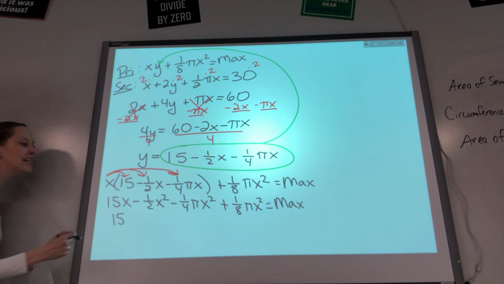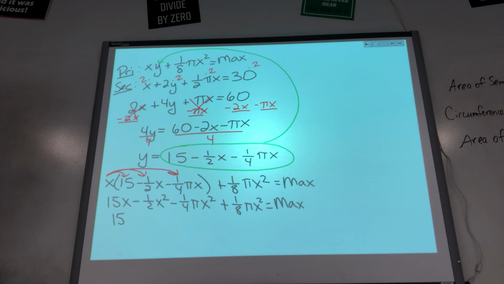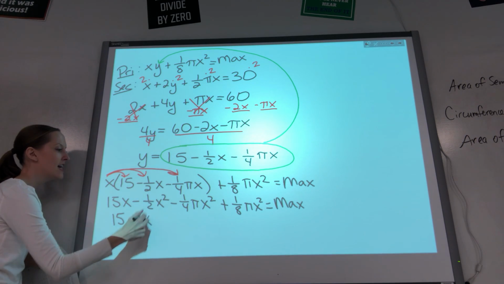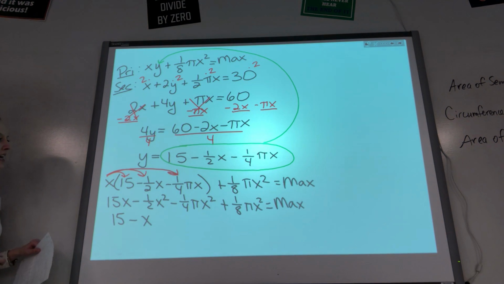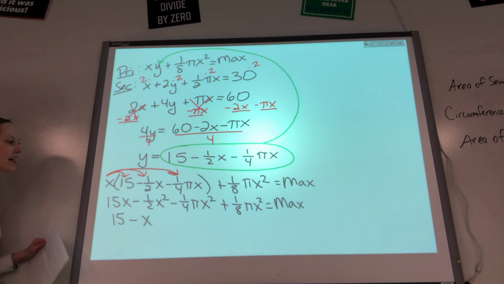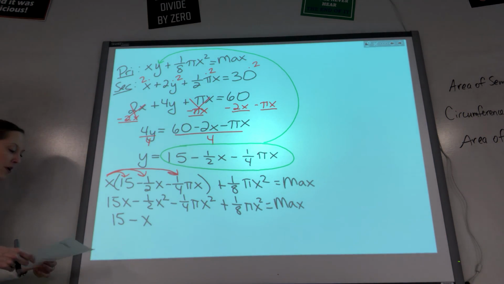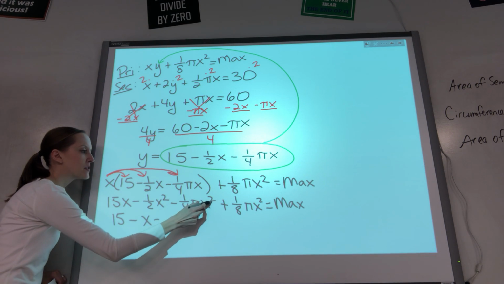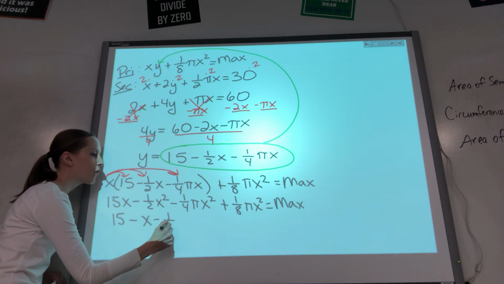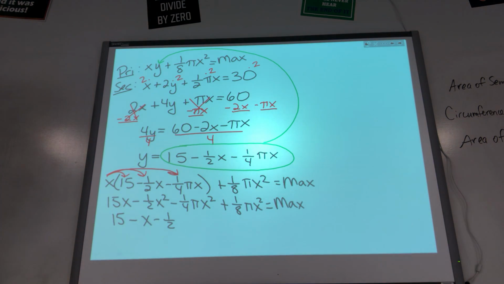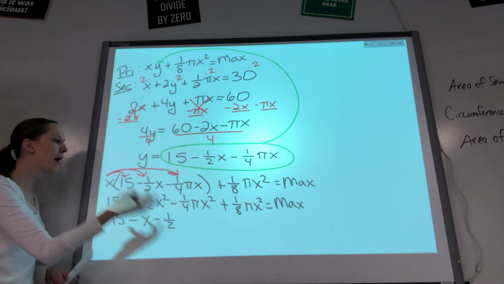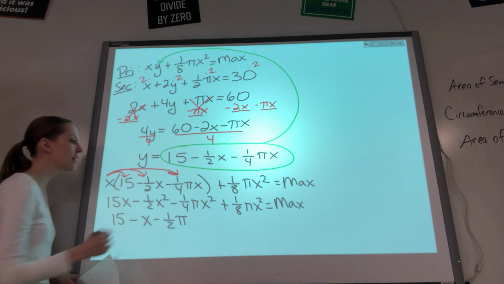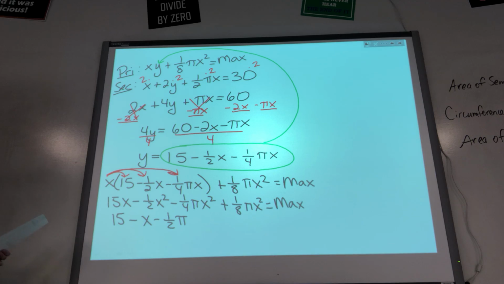Derivative of 15x is 15. Second term, pull the 2 out front. The 2 and the 1/2 kind of cancel out, and that's just a negative x to the first power. Right here, let's work on the numbers first. 2 times 1/4 is 1/2. Now, remember, pi is just a number, so I'm going to leave pi alone.